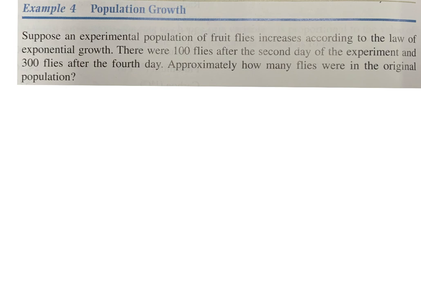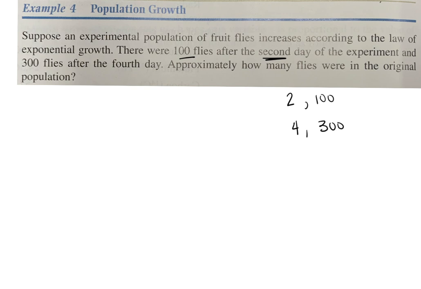So here's the deal. They've given me a couple of numbers to go with. The first thing they've told me is after the second day, 100 flies. So I can think of it as 2 for my time, 100 for my Y value, right? And then they've given me after 4 days, 300.